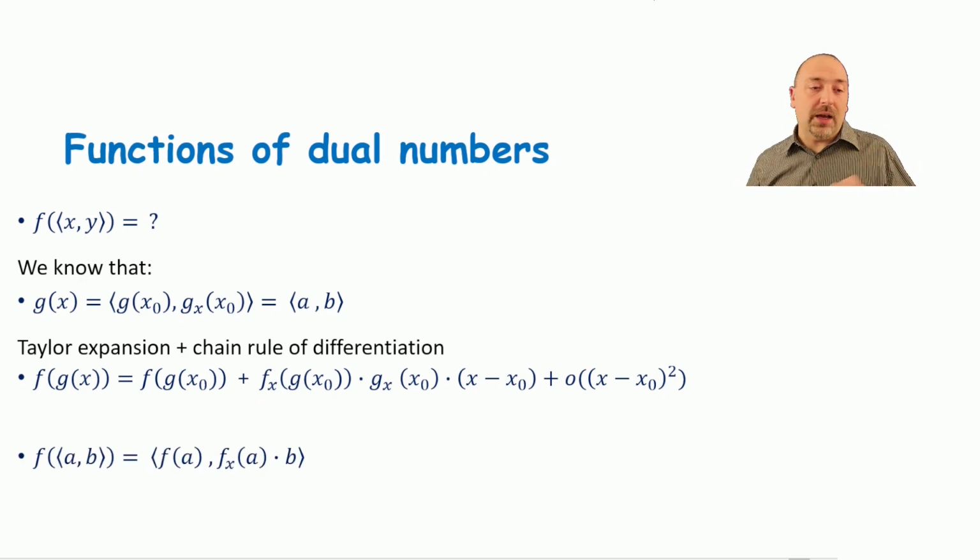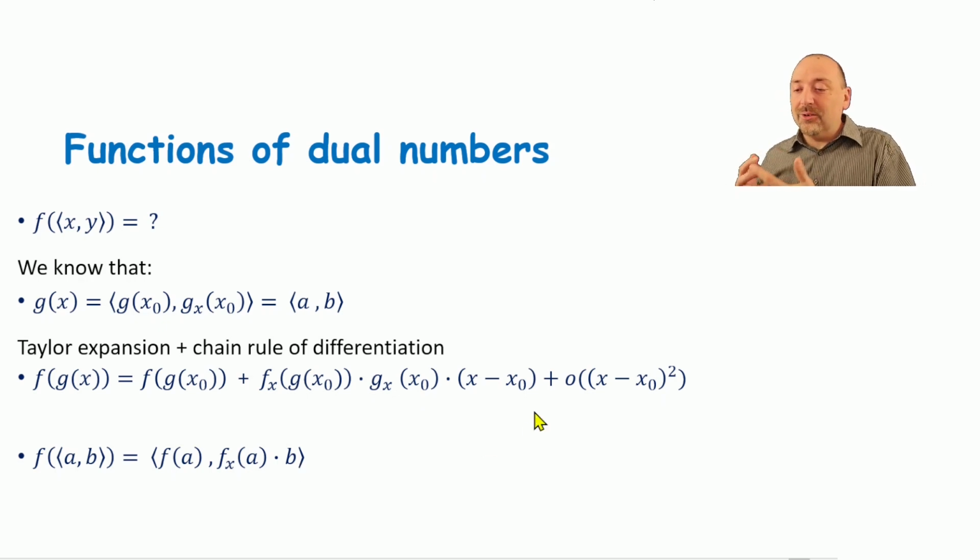So let's substitute everything, and you have a function that is taking g of x, let me write a and b. So the function of a and b is exactly the function of g of x. It's going to return what? The function in g, but g is a, so the function in a, and as a second term, the derivative in a, because reading the Taylor expansion, it is f of g of x0, times the derivative of g, so b.